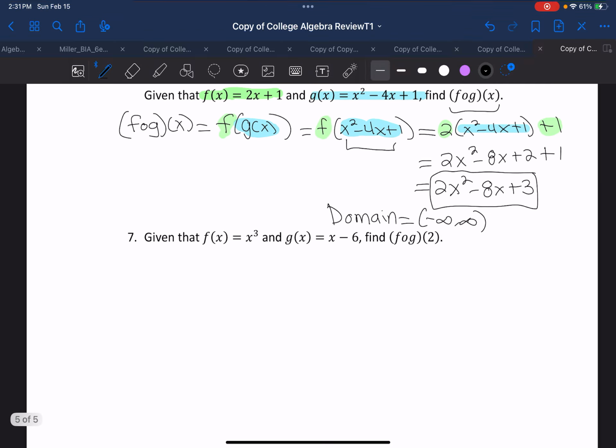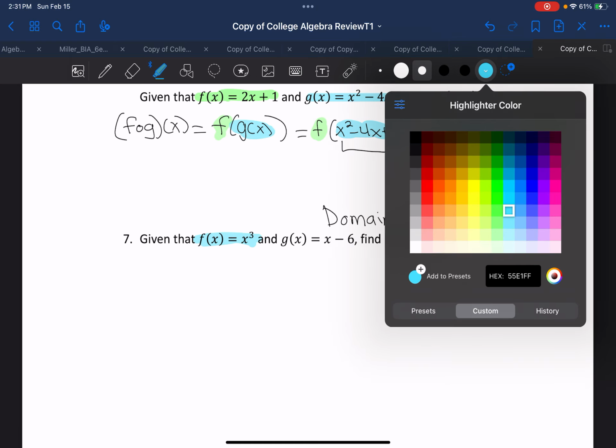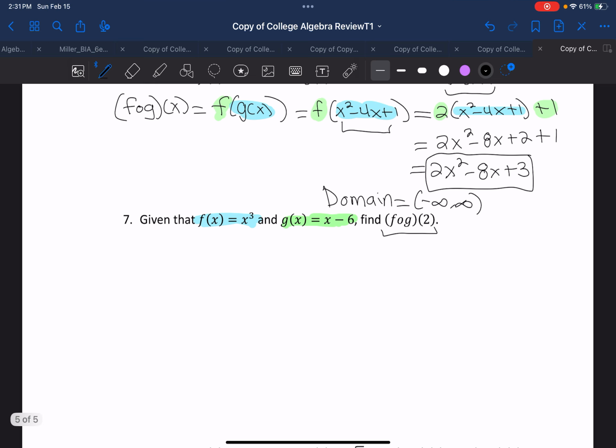Okay, number 7 says, given that f of x is equal to x cubed and g of x is equal to x minus 6, it wants me to find f of the composition of f and g of 2.